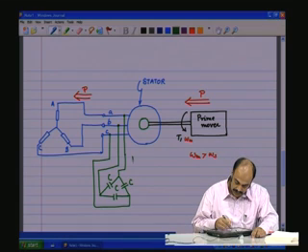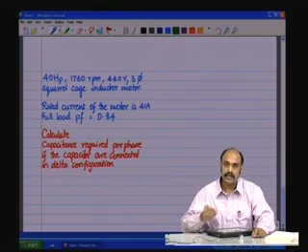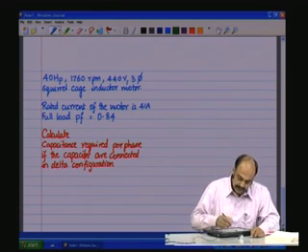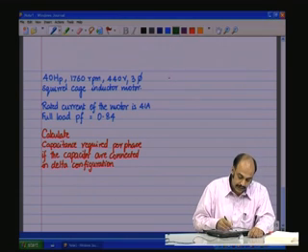So for that we need to evaluate what is the reactive energy that the capacitor needs to supply. So first let us calculate the apparent power.